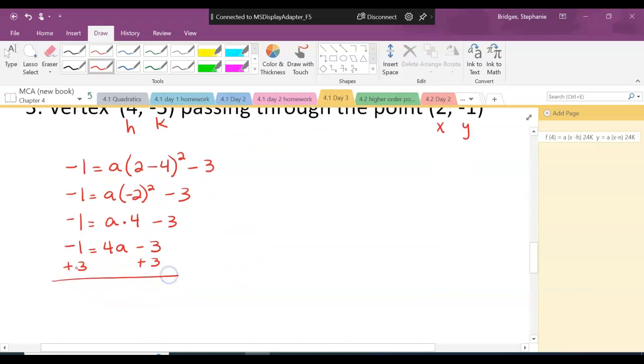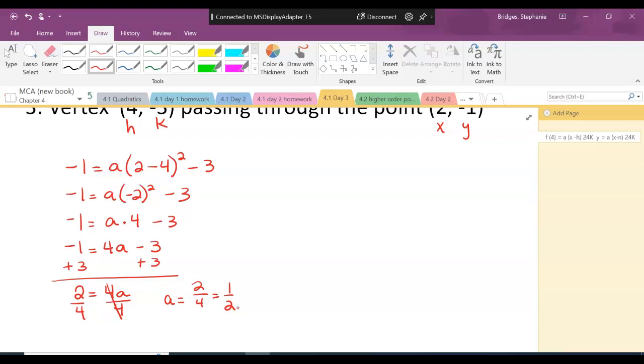Let's see. -1 plus 3 is 2 equals 4a. Then I'm going to get the 4 away from the a. However, 4 does not go into 2 evenly, but it does reduce to be what? 1/2. So a is 1/2 here. Is everybody okay with that part?